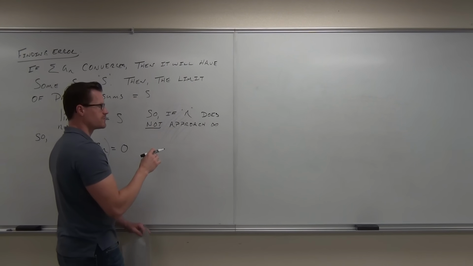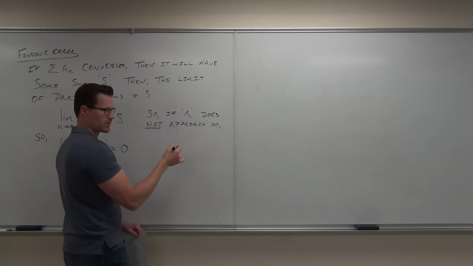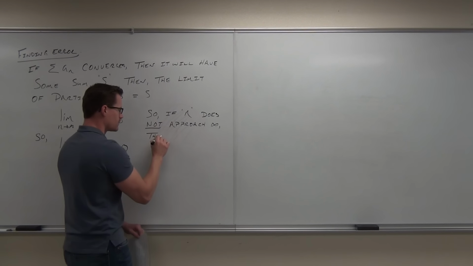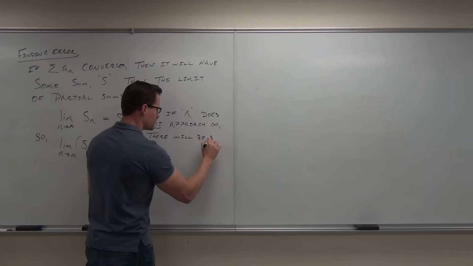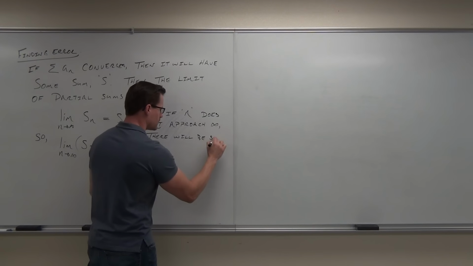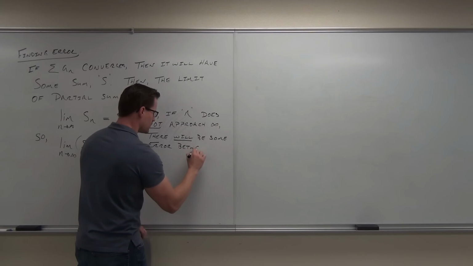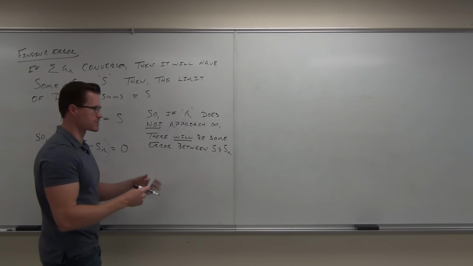If n does not approach infinity, or doesn't actually get there, there will be some error between S and S sub n. We call that error R sub n.